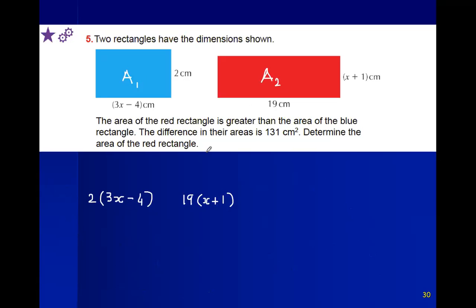Now, this is important. They've told us that the red rectangle is greater. So I've got A1, I've got A2. Because the red rectangle is greater and the difference between the bigger one versus the smaller one is 131, the next stage is to write that A2 minus A1 is equal to 131.